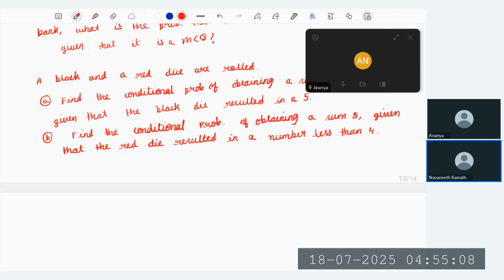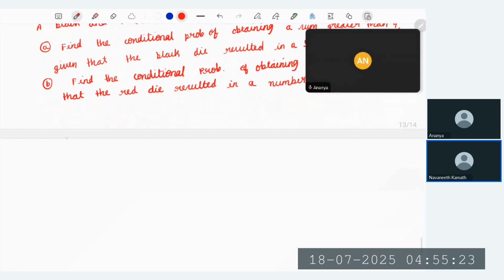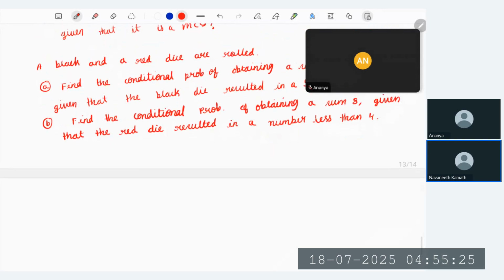Okay, so let's go to the question. For conditional probability, they are asking about obtaining a sum of 8, given that the red die resulted in a number less than 4, right? What are all the possibilities for a sum of 8?